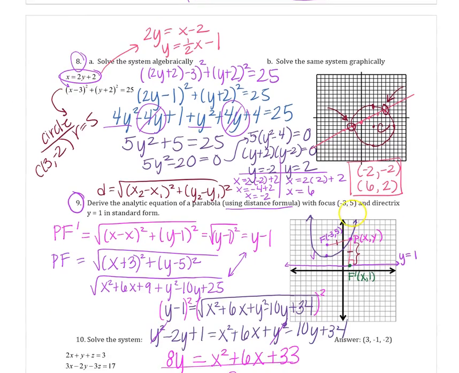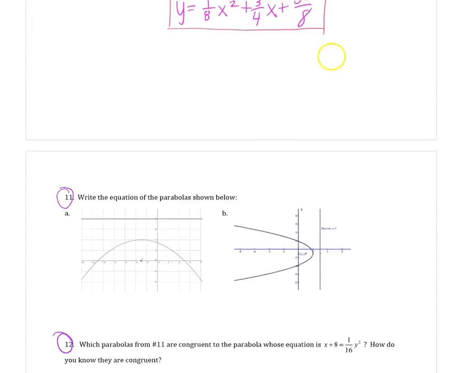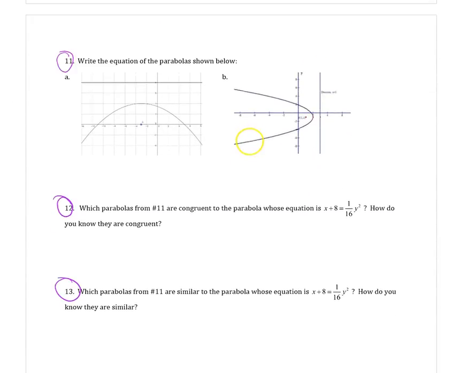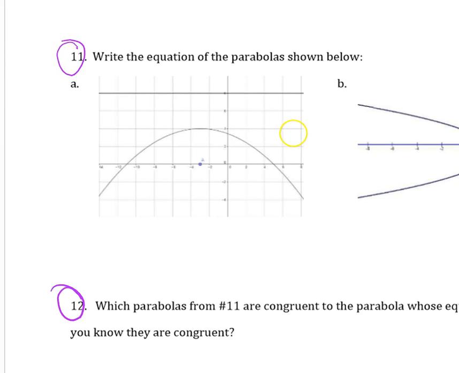Okay, just a couple more problems to talk about. Writing the equation, giving just a picture. What you really need here is the vertex, which at this point, the vertex here looks like that's at 3, 4. Or sorry, negative 3, 4, because it's in the negative direction.